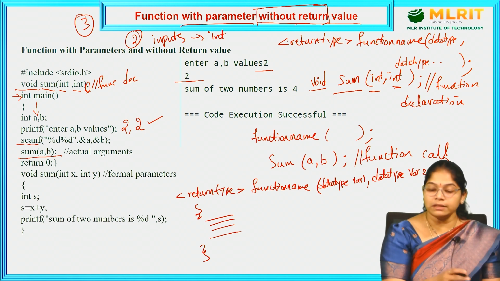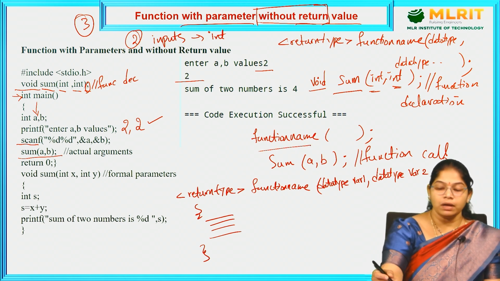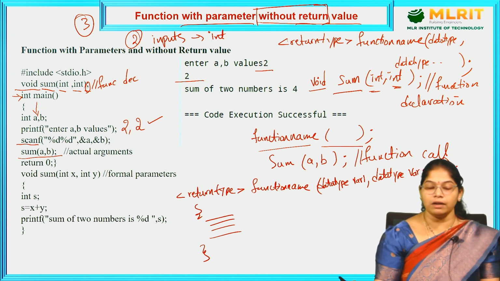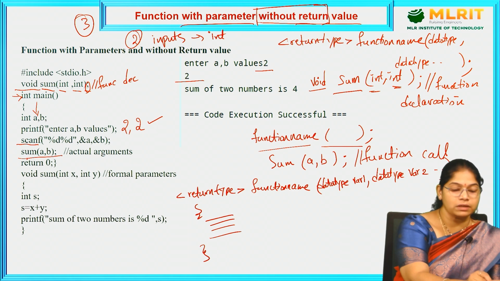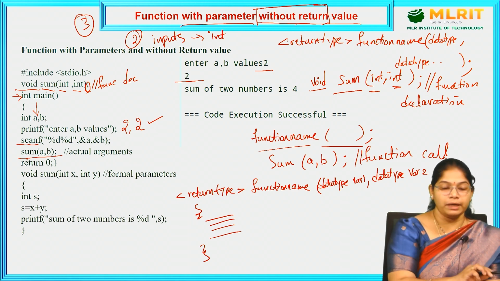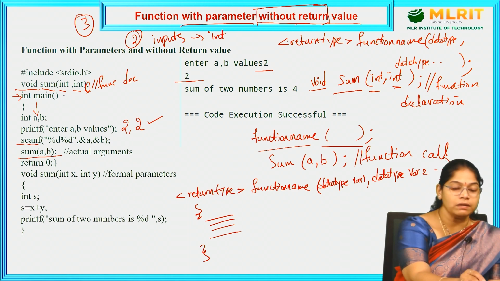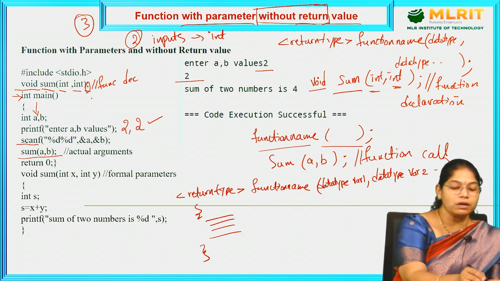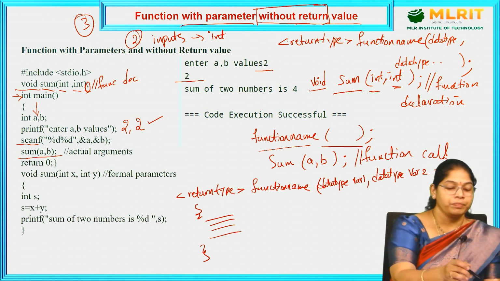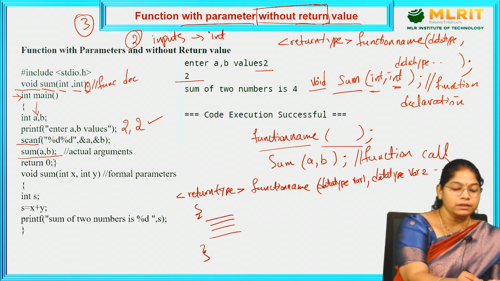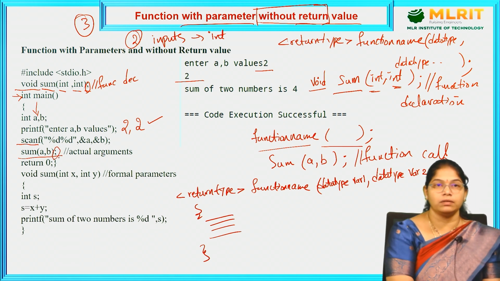Function call syntax is function name, and if we have any parameters we'll write them in the parentheses, and the function call is terminated with a semicolon. So the function name is sum with parameters. How many parameters are we passing here? Two parameters, a comma b. In the function call we mention the variable names, not the data types.